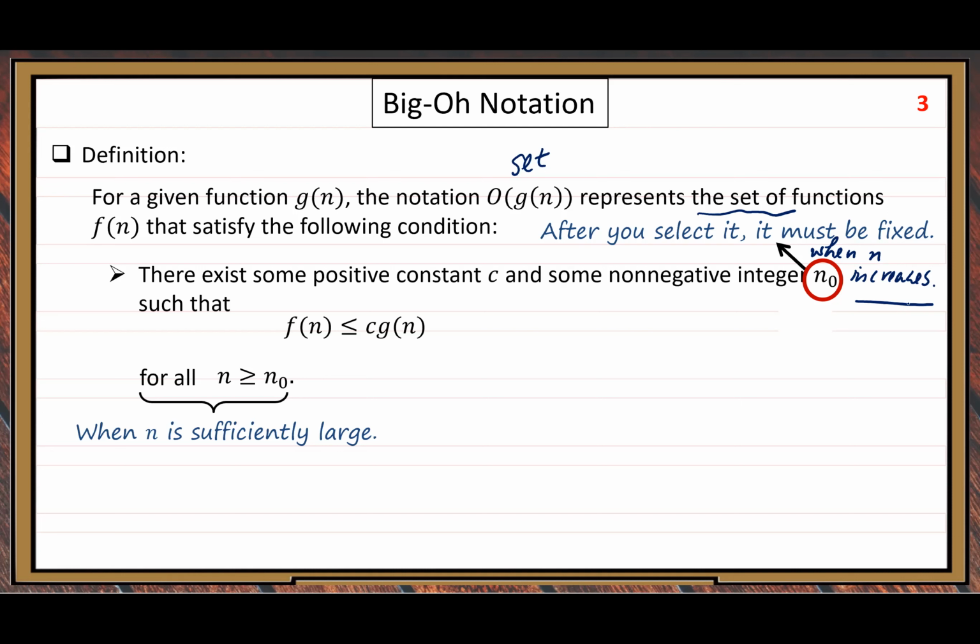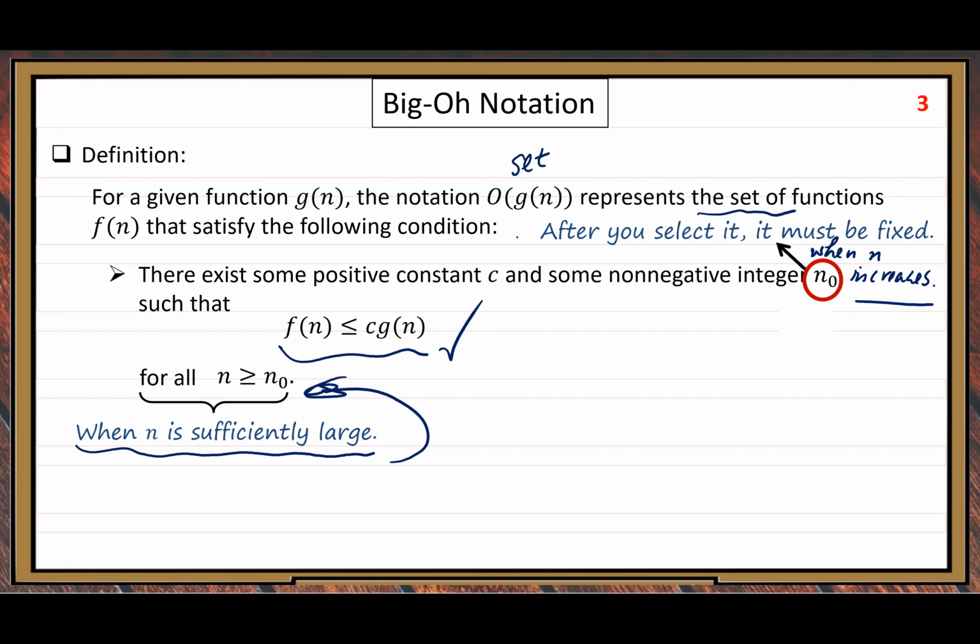It's hidden. When you see the expression where n is sufficiently large, you do not see the n0 notation, but it's hidden. It means there is some constant n0 such that for n greater or equal to that hidden constant n0, this inequality holds.